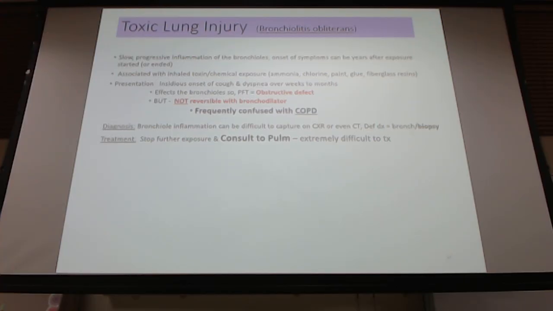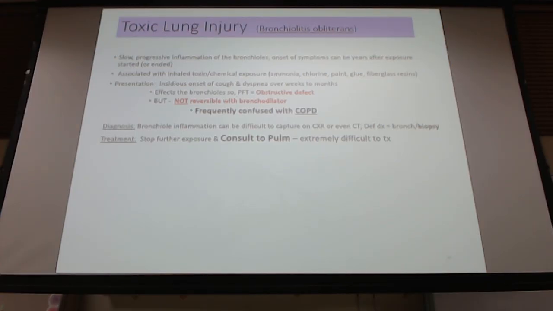The longer we vape for, I could probably predict when we'll start seeing incidents of toxic lung injury increasing in our population. Because again, we're talking about chemical fumes that get down to the bronchioles and cause inflammation. Not reversible with a bronchodilator because it's not a hypersensitivity.